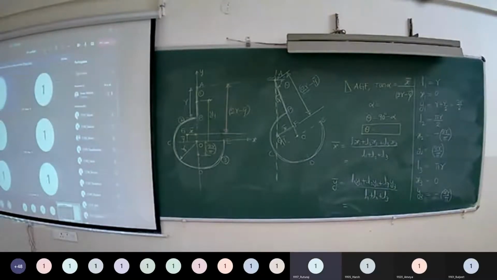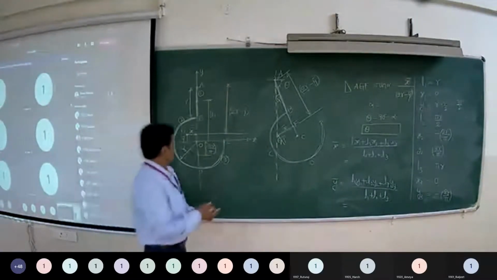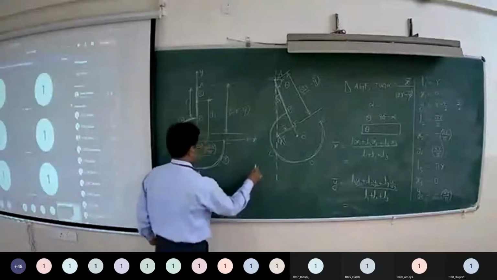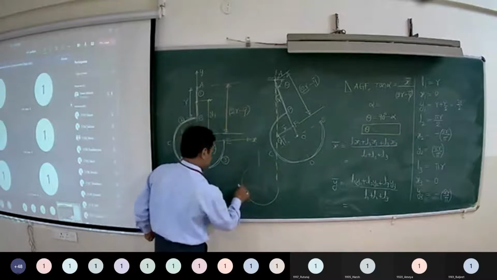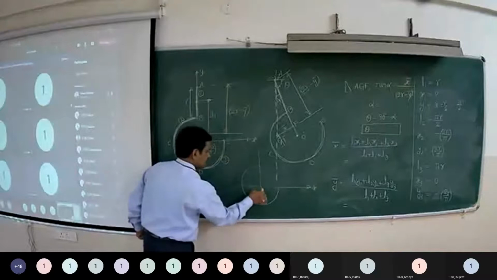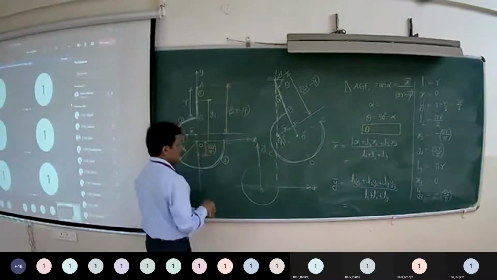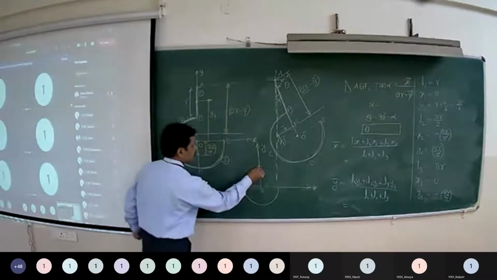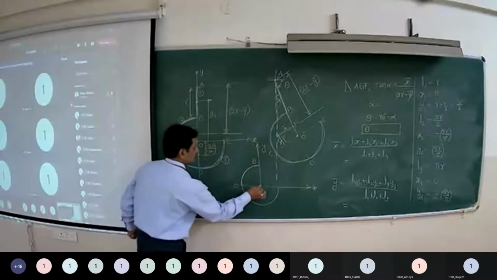Sir, he is asking about x2 and y2. Okay. Now say, you have this as x-axis, this is y-axis. So x2 and y2 are for this quarter circular arc, that is BC.